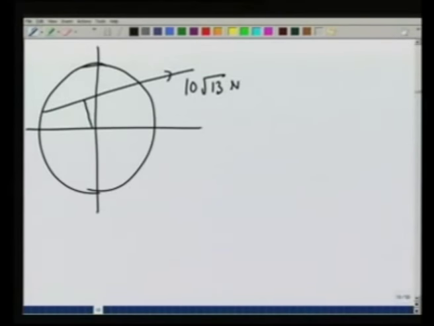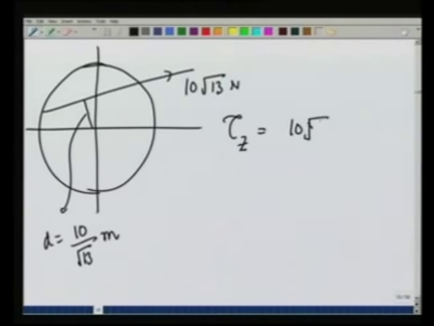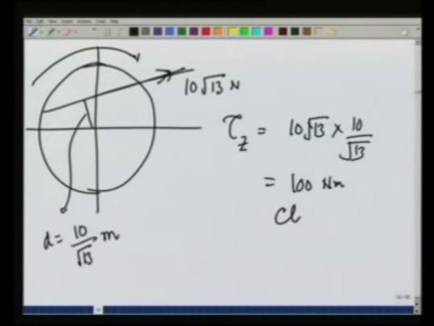We have found this distance, which is d is equal to 10 over root 13 meters, and therefore, the torque about axis z is going to be 10 root 13 times 10 over root 13, which is 100 Newton meters, and because of the direction of force being this way, the sense is clockwise. This is exactly the same as we found earlier, which was coming out to be minus 100 Newton meters. So, you see the two definitions are consistent.